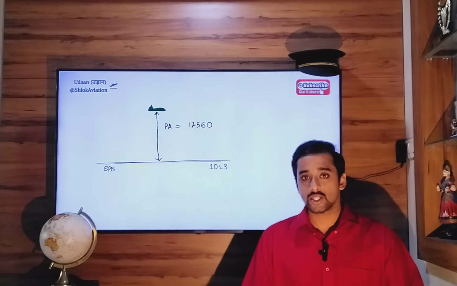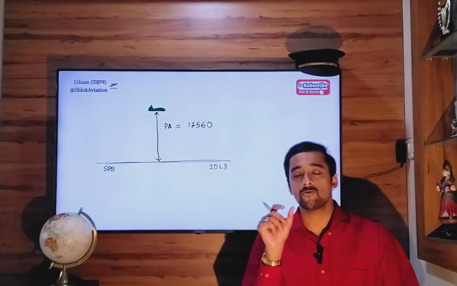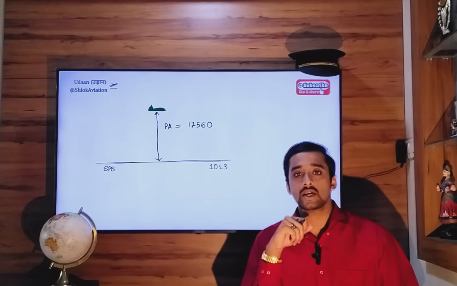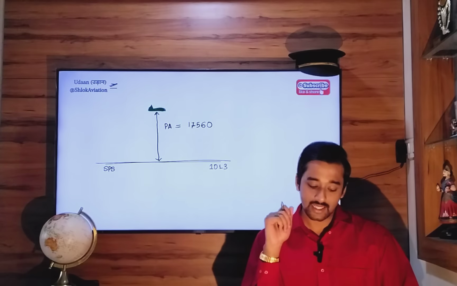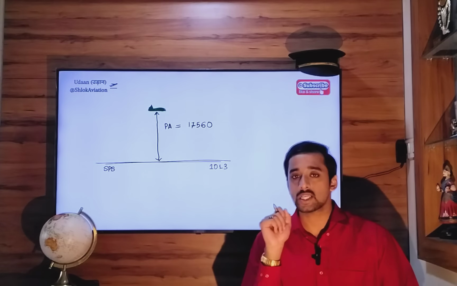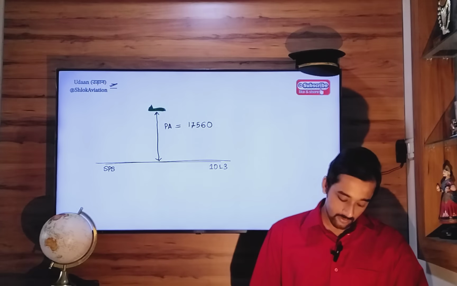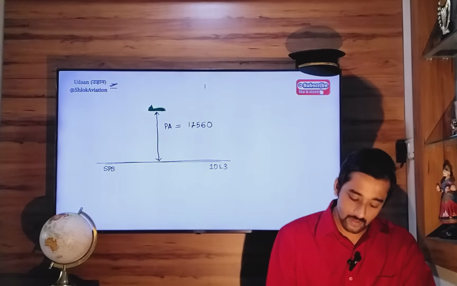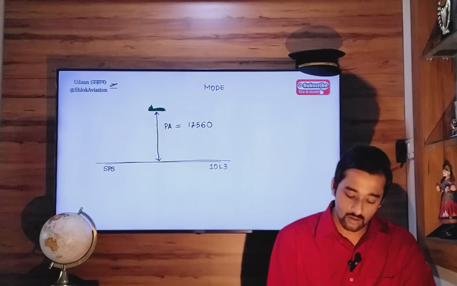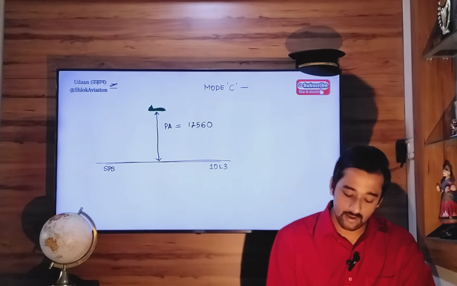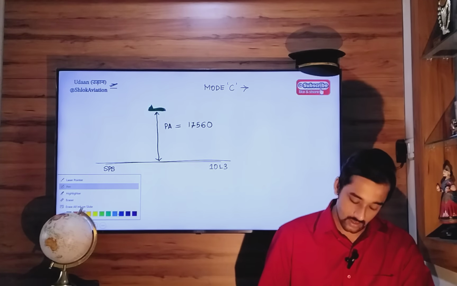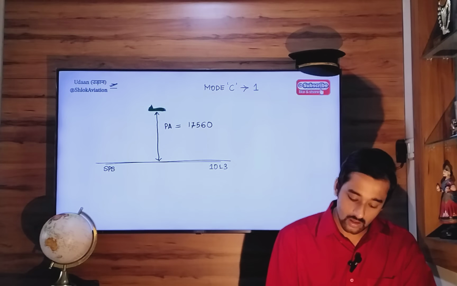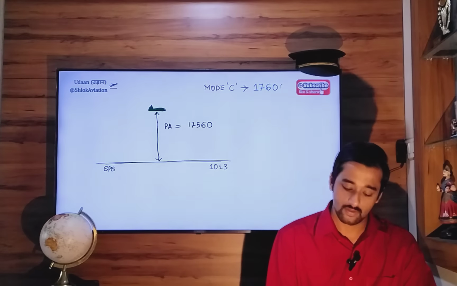Now the information sent by mode C capability of your transponder to your ATC controller will not be accurately 17,560. The information given by mode C capability will be 17,600.